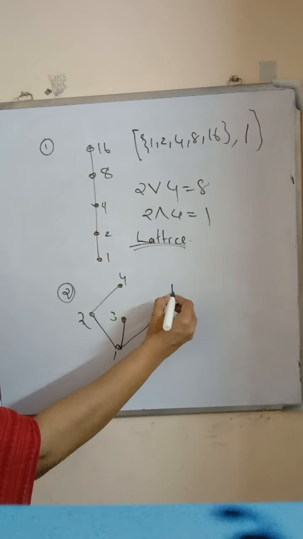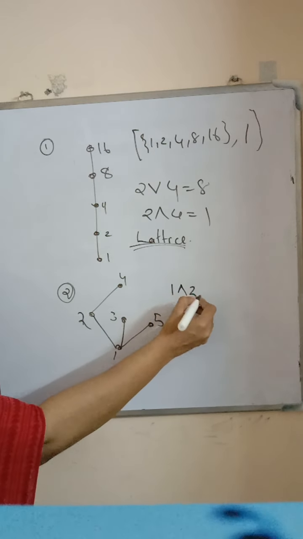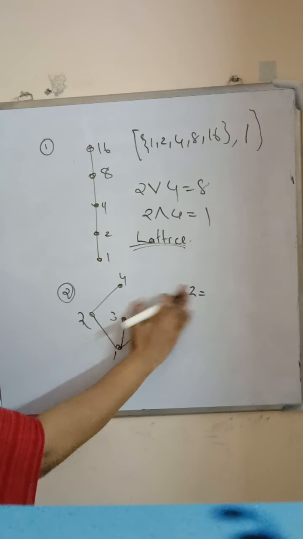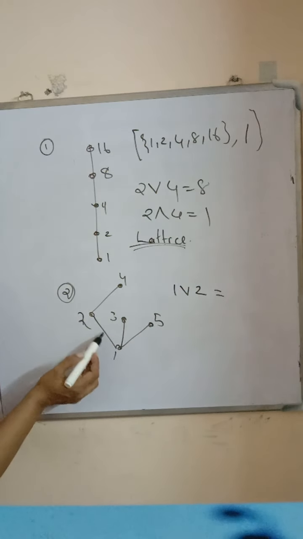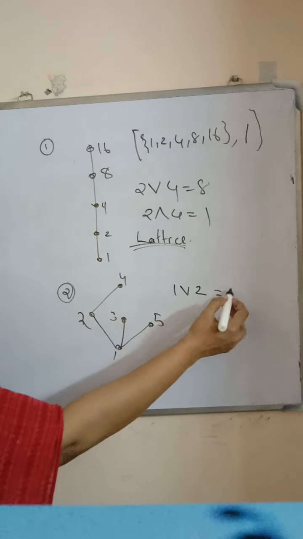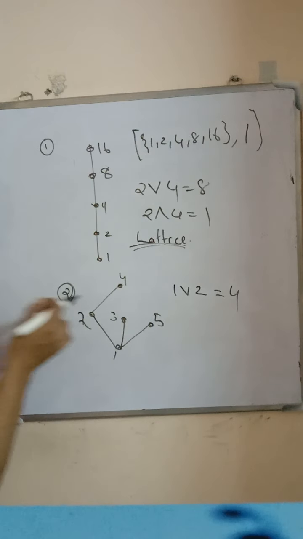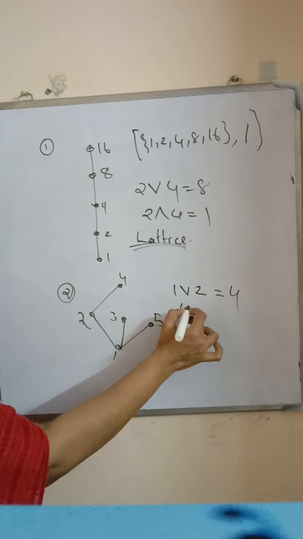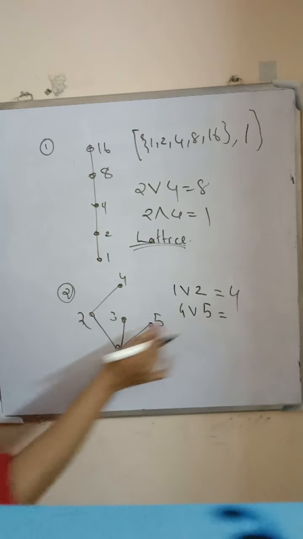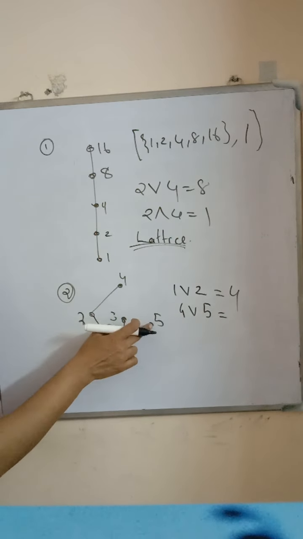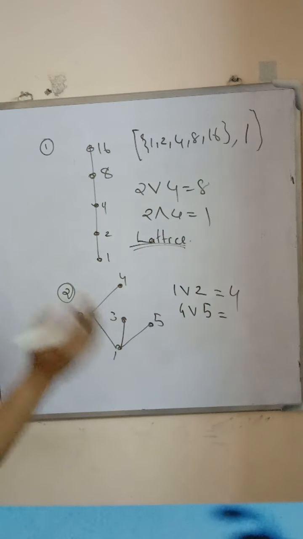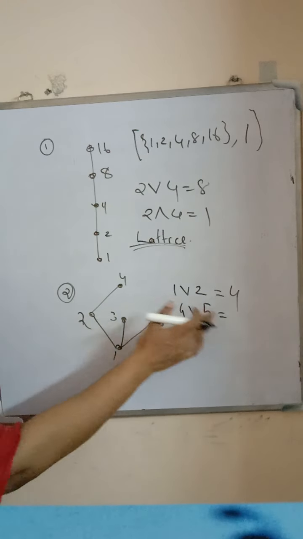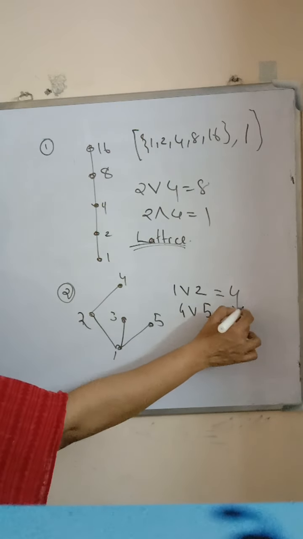If we consider 1 join 2, it is 4. What is 4 join 5? The two elements in the poset are 4 and 5. The upper bound of 4 and 5 does not exist. Therefore, 4 join 5 does not exist.